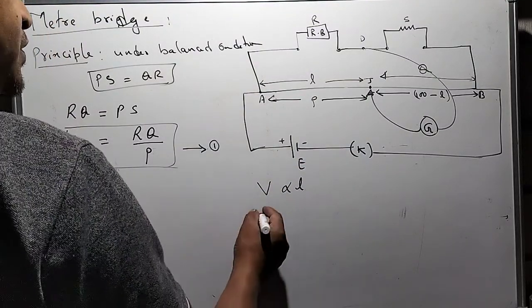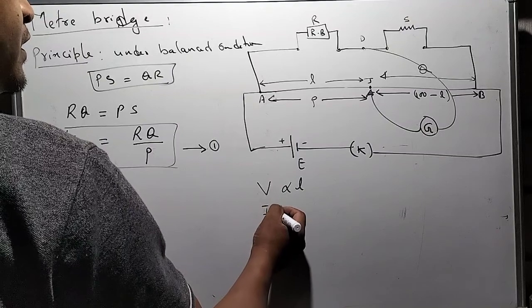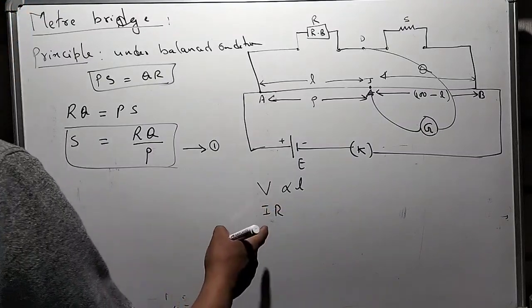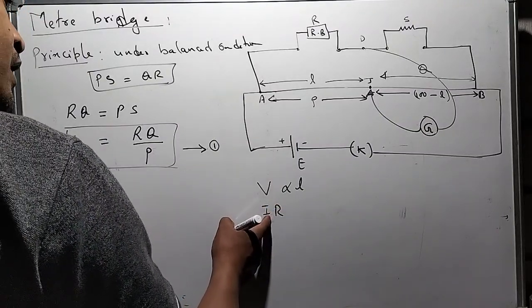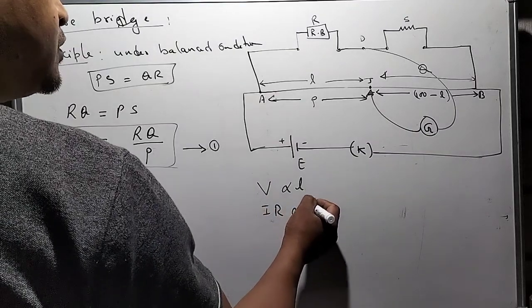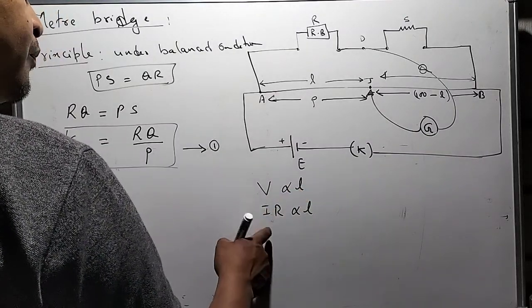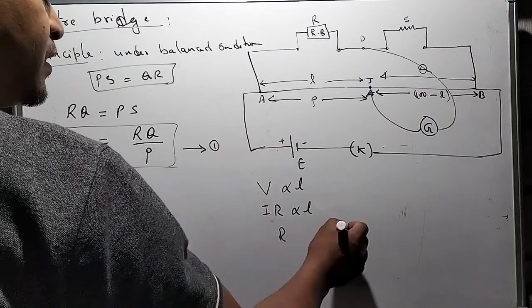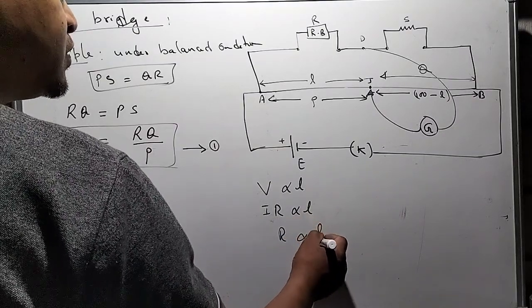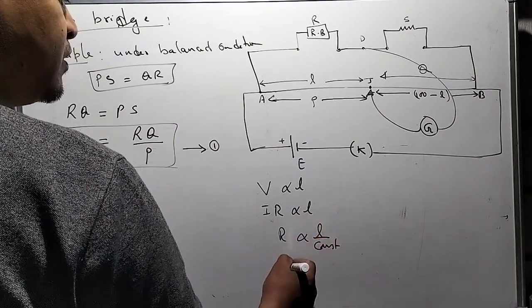Now instead of this potential drop, I will write IR, from Ohm's law. Current into resistance is directly proportional to L. Because I is constant, it just becomes a constant.